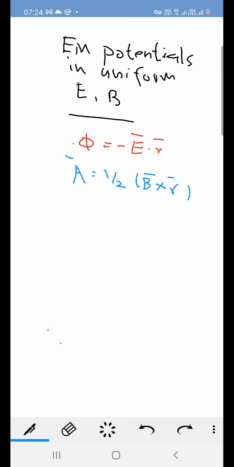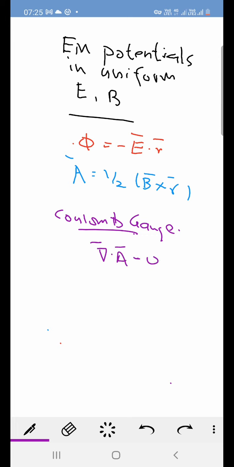Now we have discussed the Lorentz gauge. There is another gauge which is called the Coulomb gauge. And this is the Coulomb gauge, wherein it restricts the divergence of A as divergence A is equal to 0.